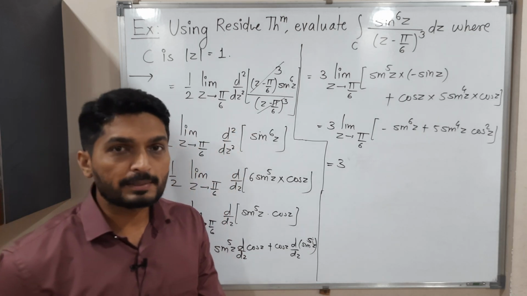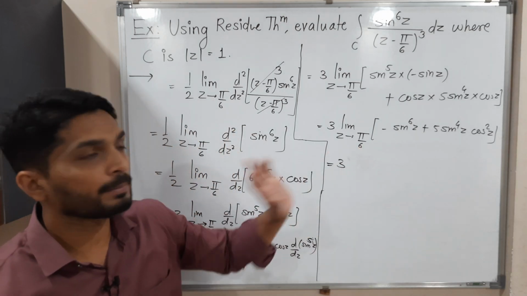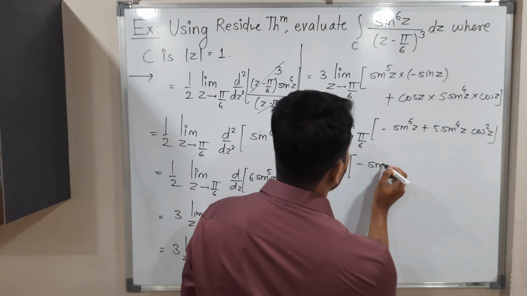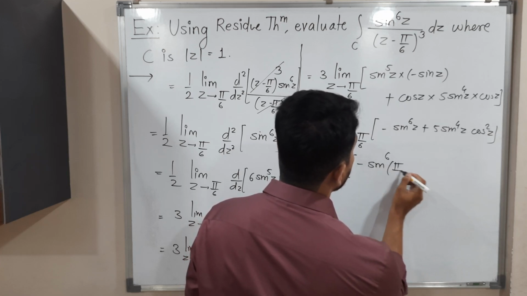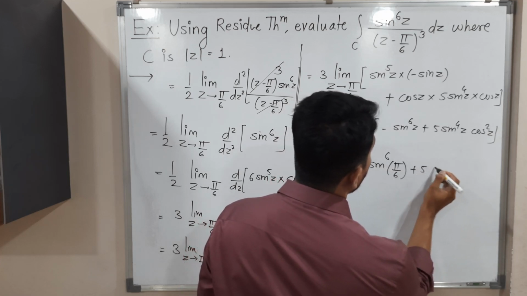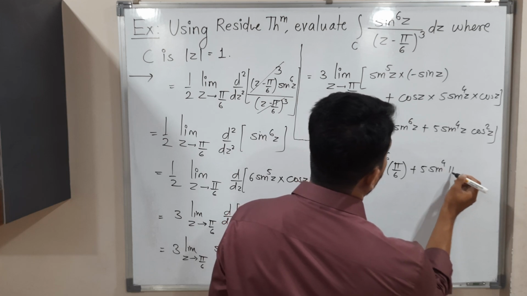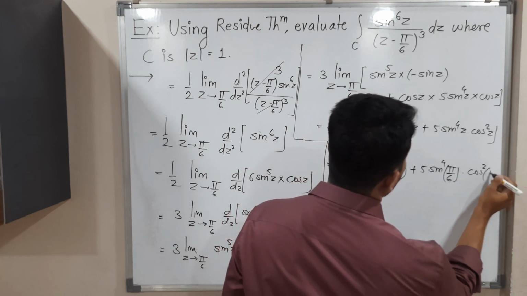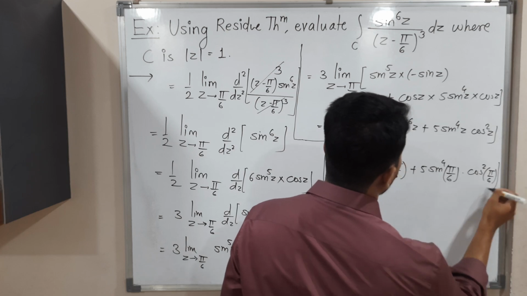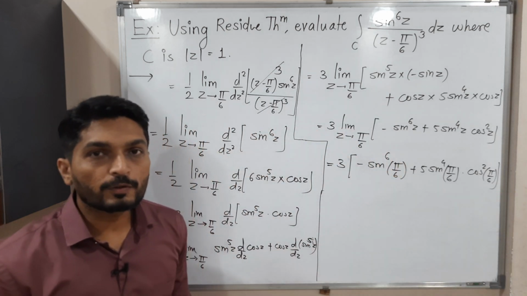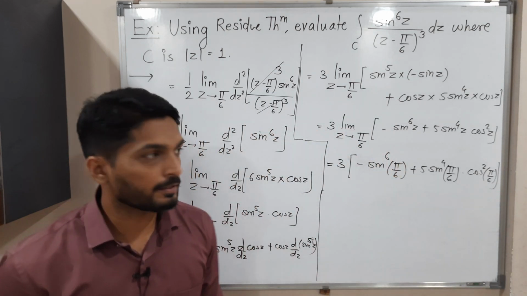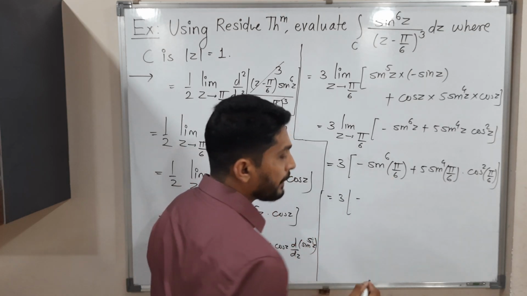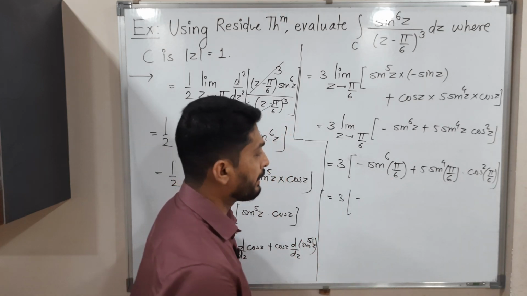Apply the limit means simply in place of z I am going to put pi by 6 everywhere. So minus sine raised to 6 pi by 6 plus 5 sine raised to 4 pi by 6 into cos square pi by 6. Now we have to put the values of sine pi by 6 and cos pi by 6 everywhere. Using a calculator also you can easily find sine pi by 6 is 1 by 2.